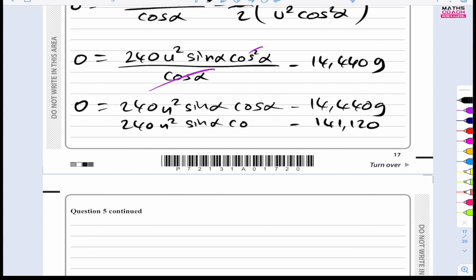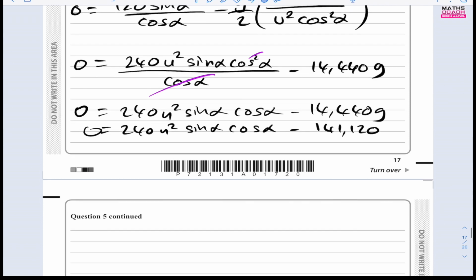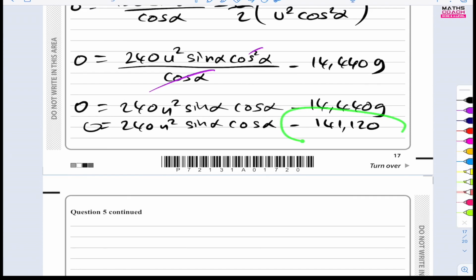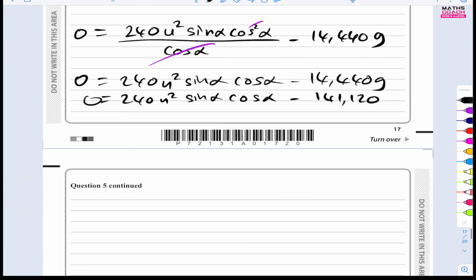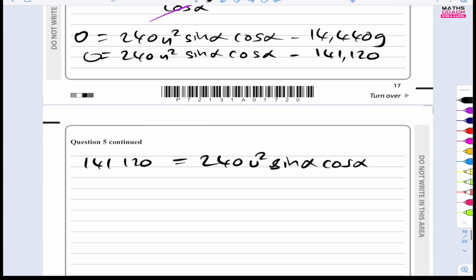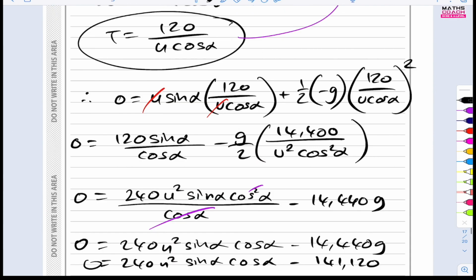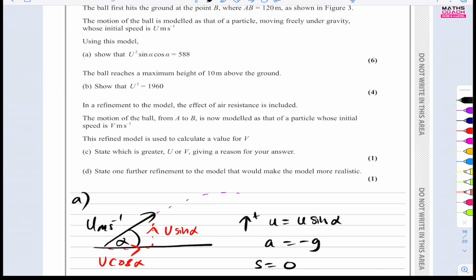And of course, you probably figured out what you're going to do next. You're going to take this onto the other side because you want a positive. So therefore, it's going to be 141,120 is equal to 240 u squared sine alpha cos alpha. And then what do we want to make the subject? I forgot, 588.